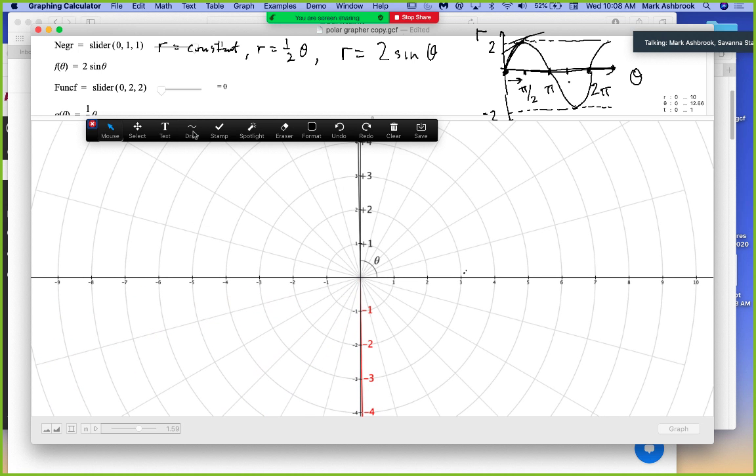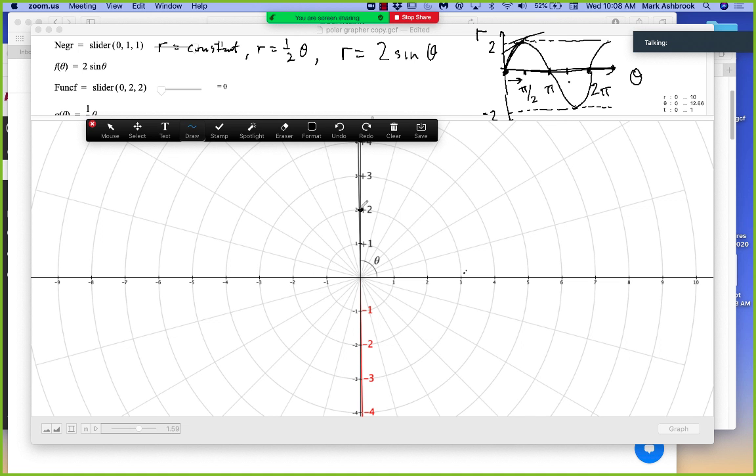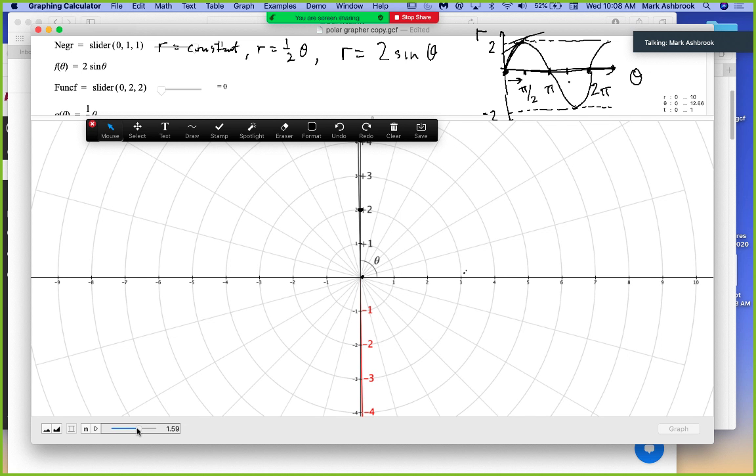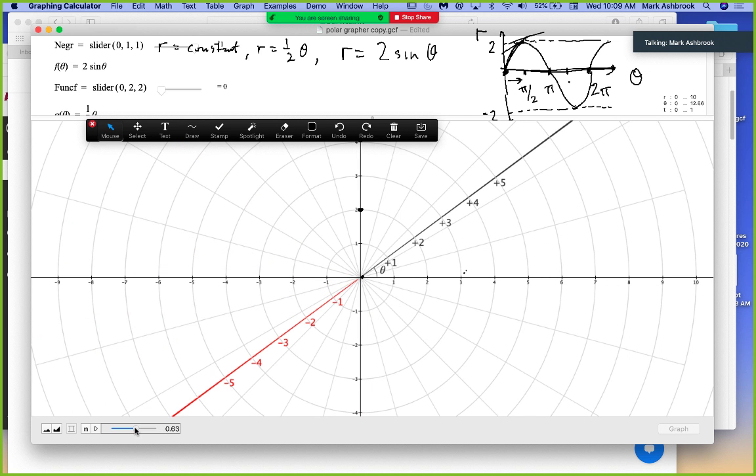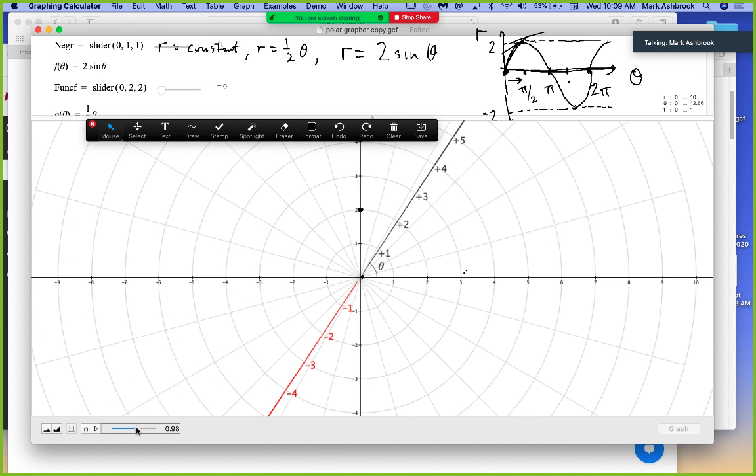So we start at 0. Imagine r increasing rapidly at first and then slowly as we turn from 0 to pi over 2, shooting out the theta ray, and then increasing slowly at the end to reach 2. Can you imagine that with your mind's eye?